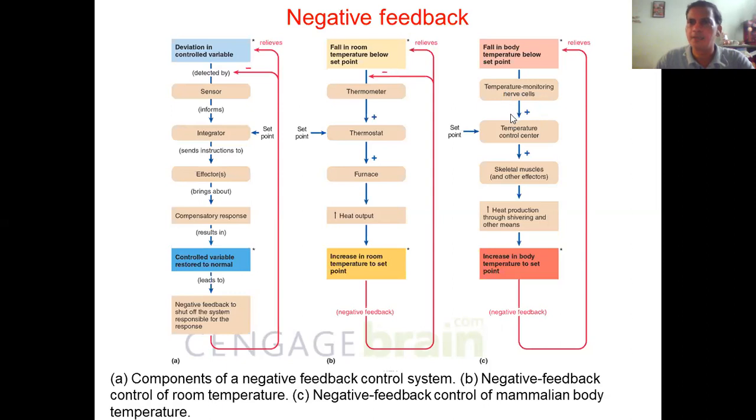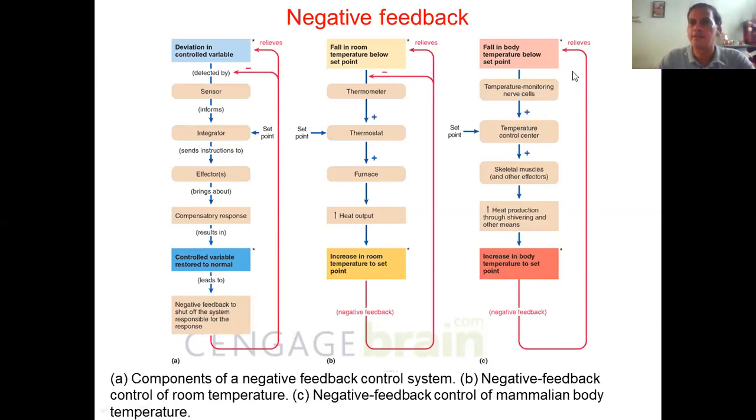Now it will send a message to the temperature control center, which is of course in the brain. That temperature regulation center will give a message to the skeletal muscles, the effector muscles. Now it will start heat production by shivering or other means. Let's say if the temperature of the hands is going down, the hands will automatically start moving and start running. Once there's an increase in temperature again to 37 degrees, then there will be negative feedback.